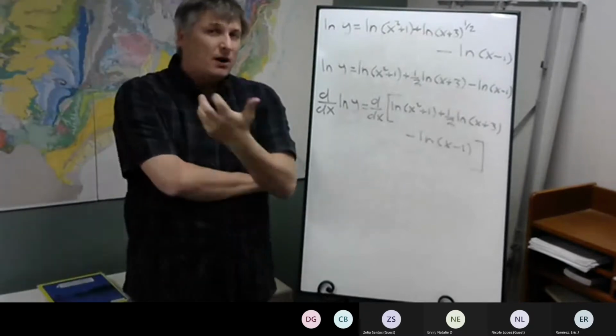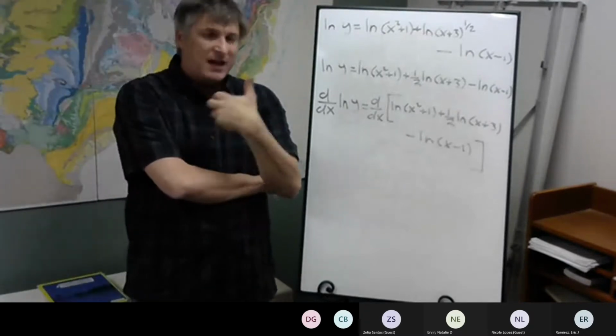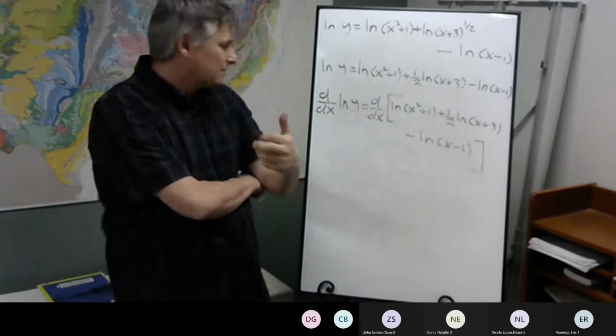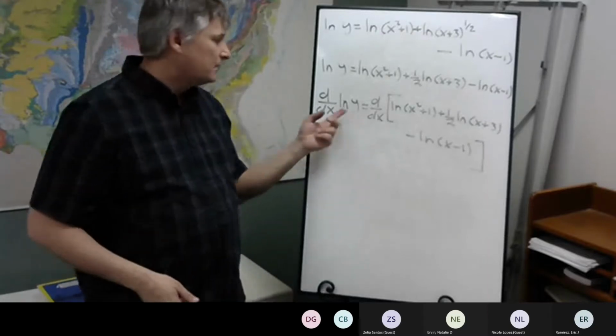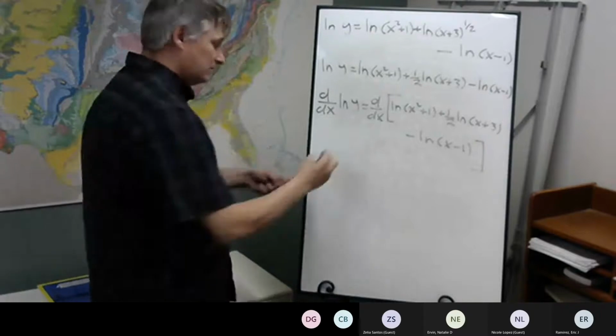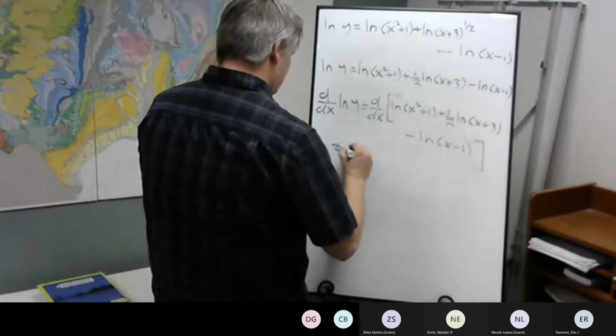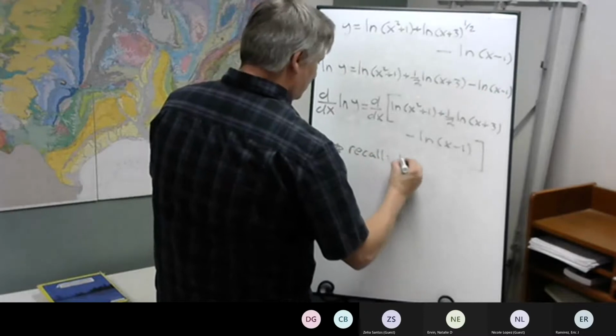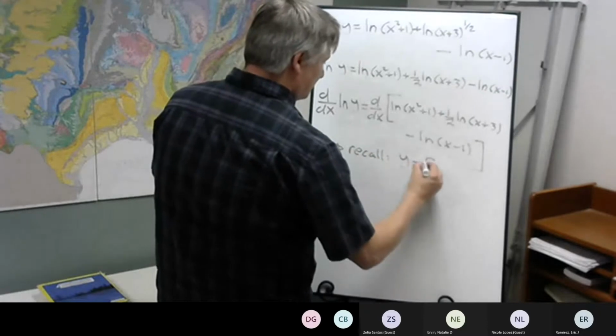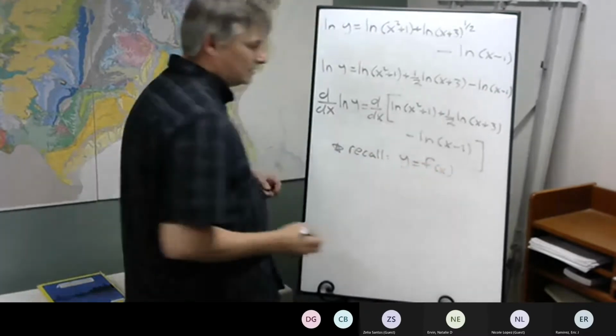Now, recall what the derivative of a natural logarithm is. It's 1 over whatever's here. But let's keep in mind, recall, y is a function of x.